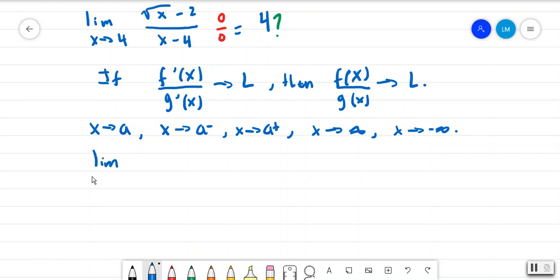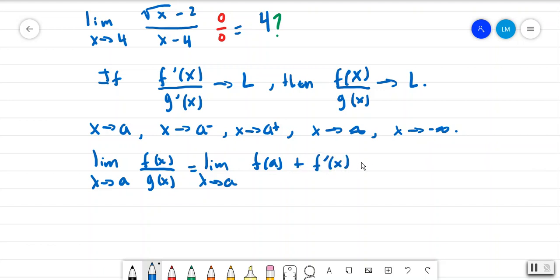So if we take the limit as x approaches a of f of x divided by g of x, I can rewrite this as the limit as x approaches a of f of a plus f prime of x times x minus a, all divided by g of a plus g prime of x multiplied by x minus a.